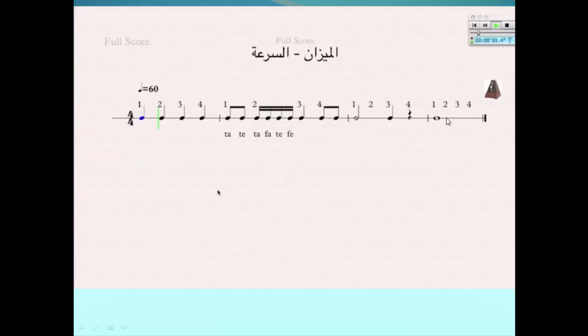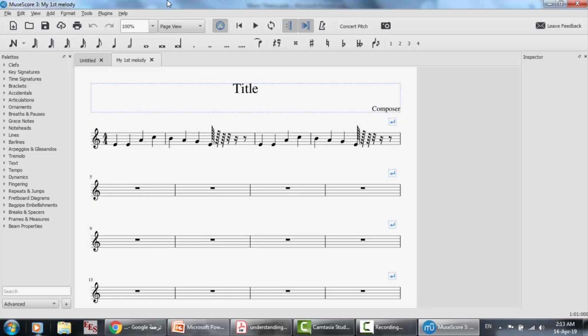Okay, so let's see something exciting. So now, gentlemen, here is MuseScore. It's a free software and it's very amazing, really, and you can install it, please.